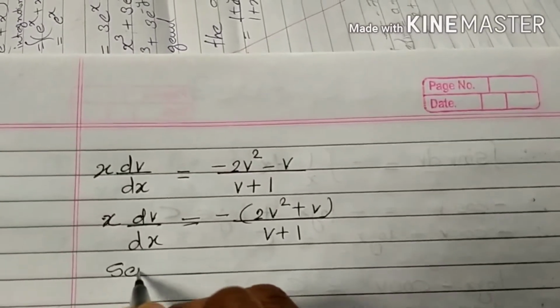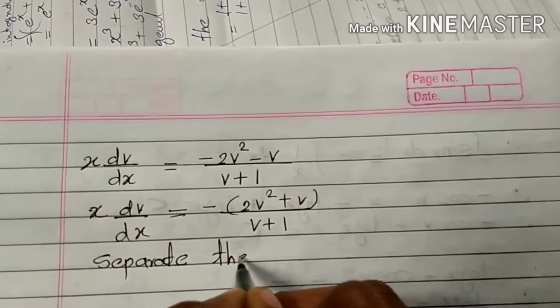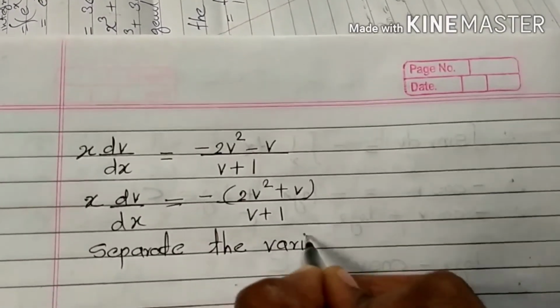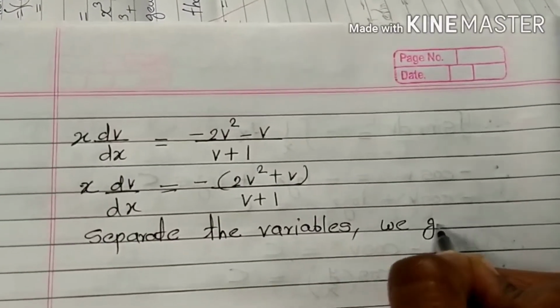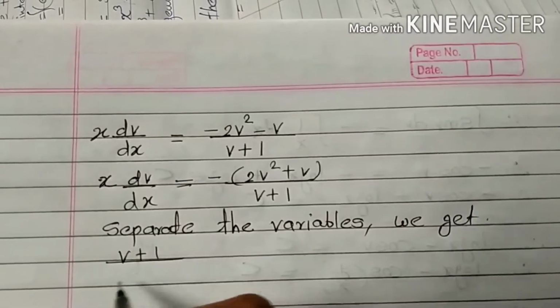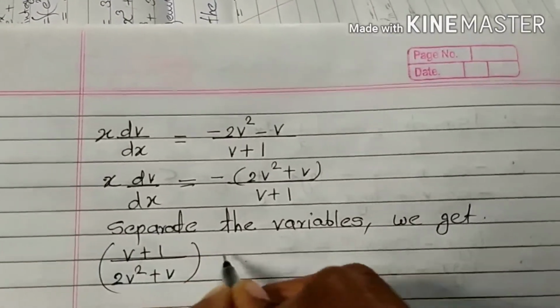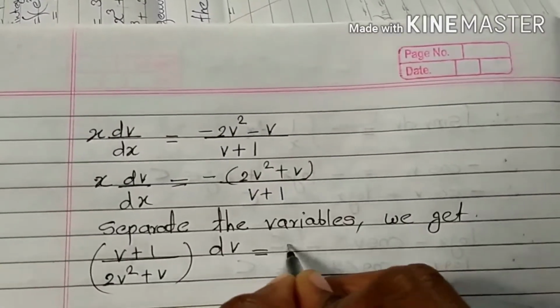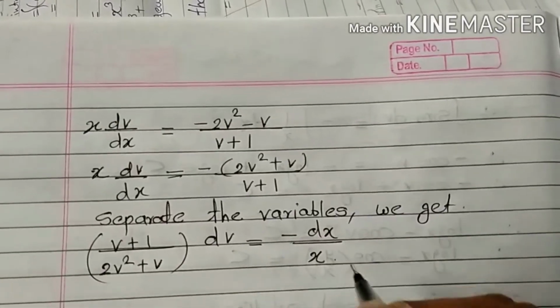Now separate the variables. We get v plus 1 upon 2v square plus v into dv, which is equal to minus dx upon x.